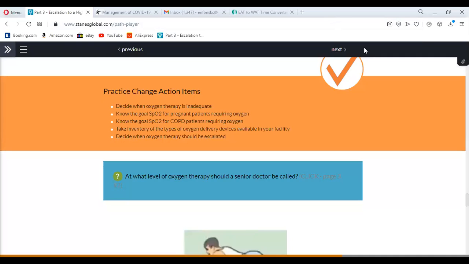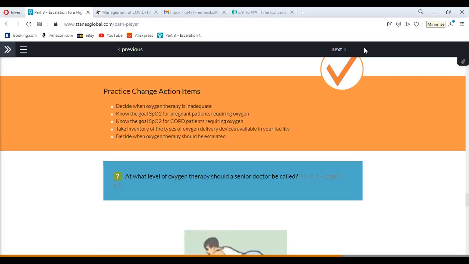Remember, it's a discussion. When SpO2 is less than 80%. Okay. When you think there is need to escalate, so at the beginning you should call the senior doctor.